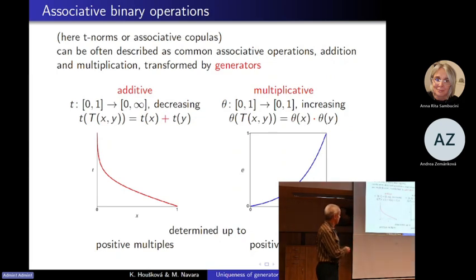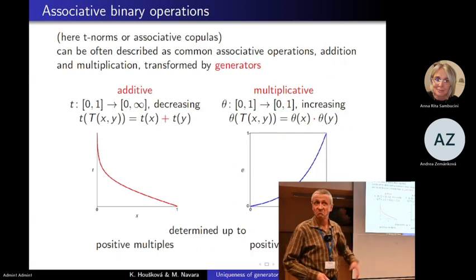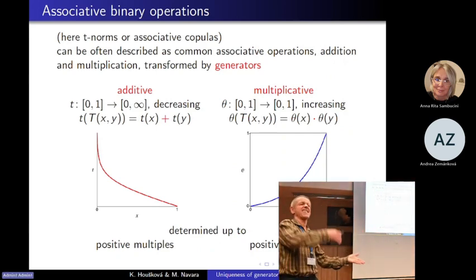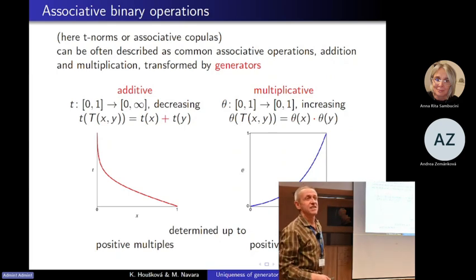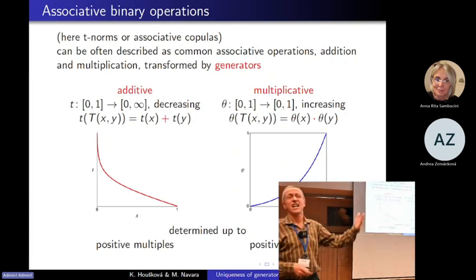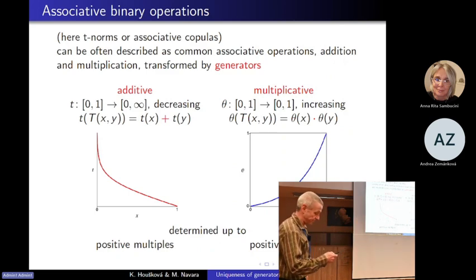The additive generators are determined up to positive multiples. Not such a big problem, because you see that it's the same shape, just dilated in the vertical dimension. Well, the multiplicative generators are determined up to positive powers. We do not have such a good feeling for recognizing powers.